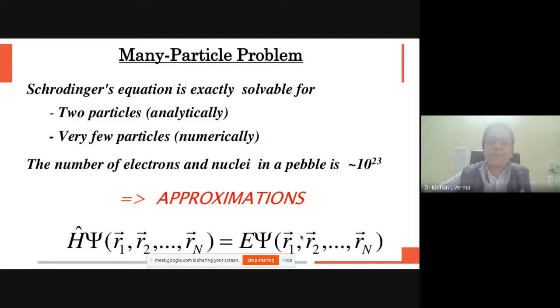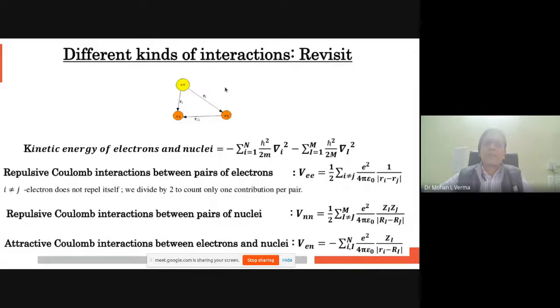This is the simple Schrodinger equation, a function of the positions of n number of particles. Then we talk about different kinds of interactions in solid materials. If we have electrons and nuclei in one atomic system, then we talk about the kinetic energy of electrons and the nuclei, and then the repulsive Coulomb interaction between pairs of electrons.